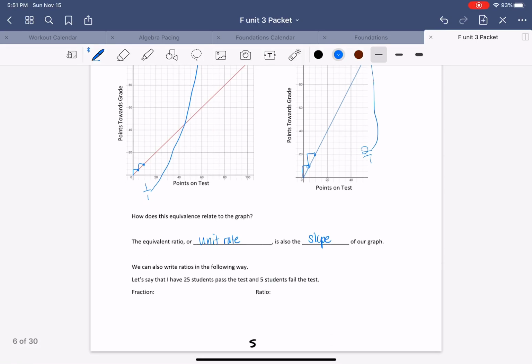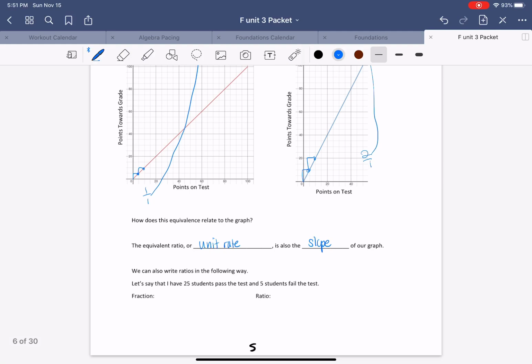Okay? We can also write ratios in the following way. If I have 25 students pass the test and 5 students fail the test, that would be 5 out of 30 failed, or 25 over 30 passed. But if I want to look at a ratio in a different way, I can say for every 5 students who failed, 25 passed, or vice versa.